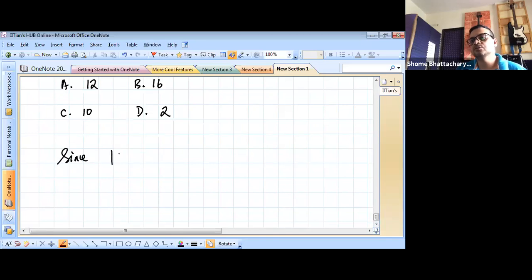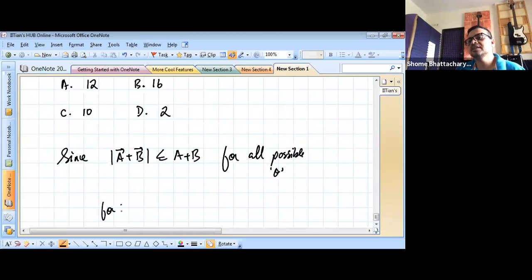Because you have to understand here that magnitude of A plus B is less than or equal to A plus B for all possible theta. Why? Because we saw that for theta equal to 0, magnitude of A plus B is equal to A plus B, which in this case is how much? 12.